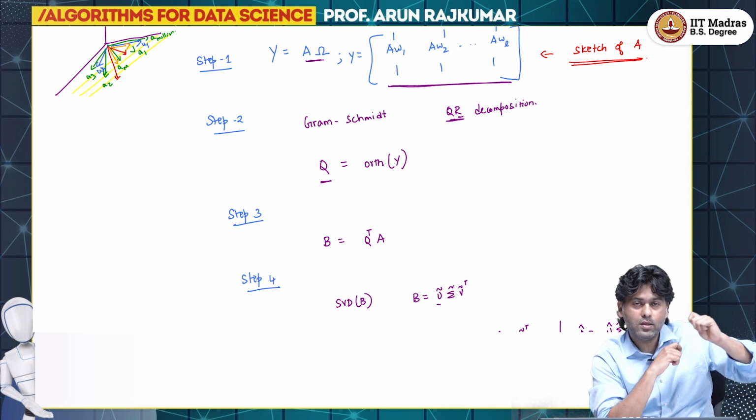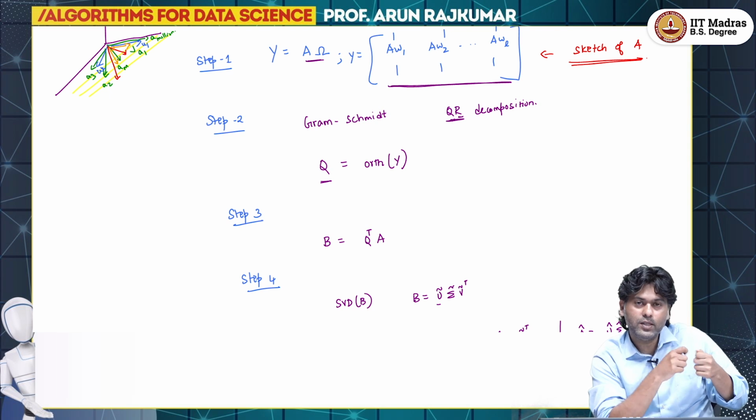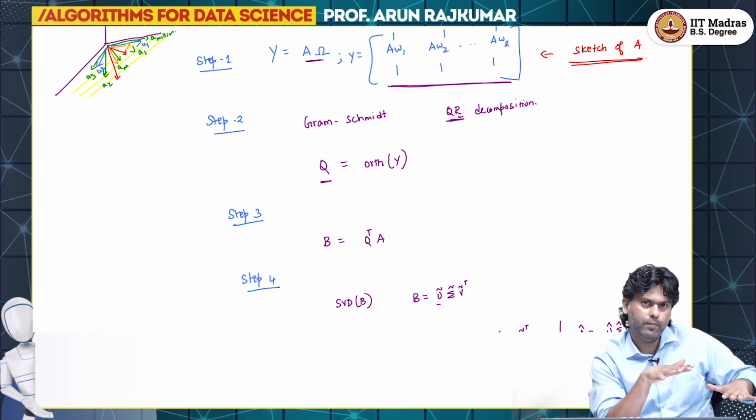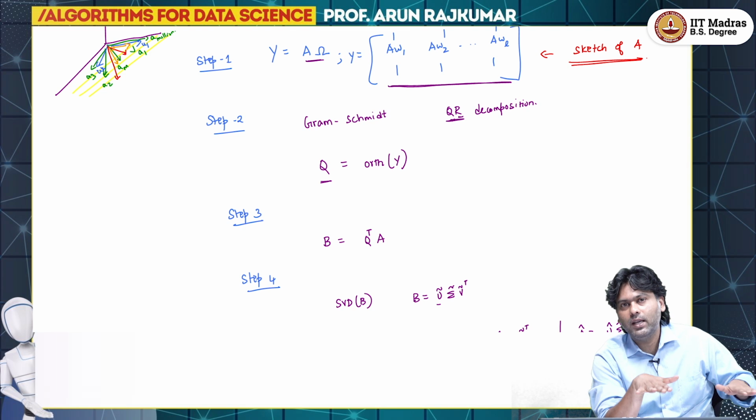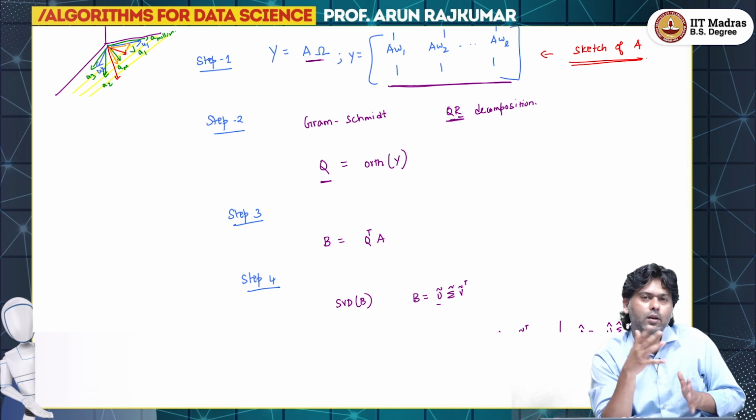This is where the Gaussian helps. The Gaussian makes sure that the vectors you are getting have energy in the directions of the top k. If the data itself is in a k-dimensional subspace, it does not matter if it is Gaussian or not.